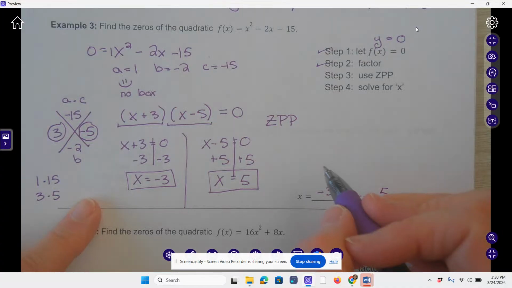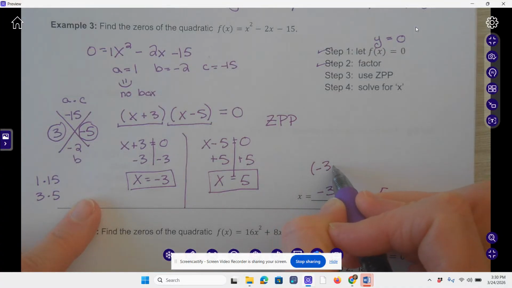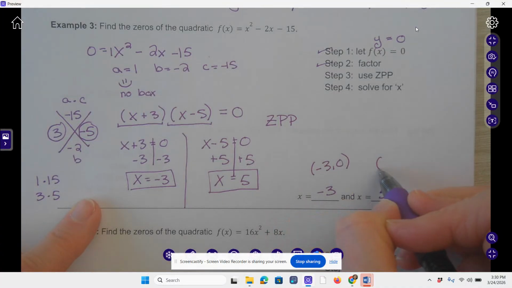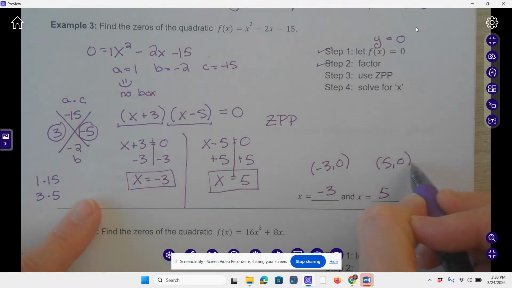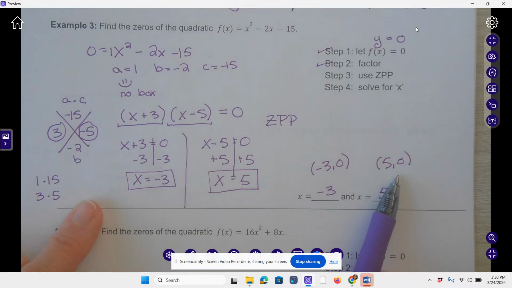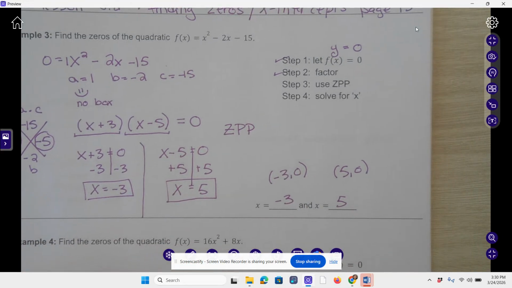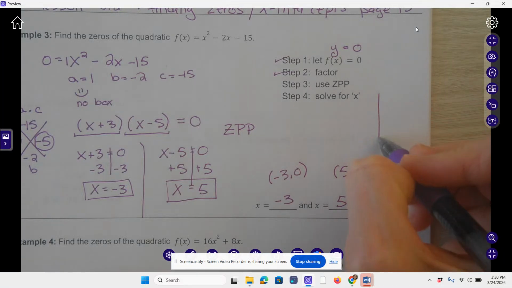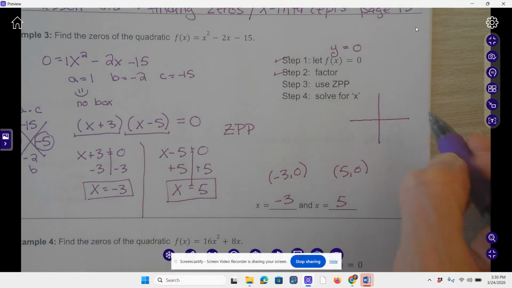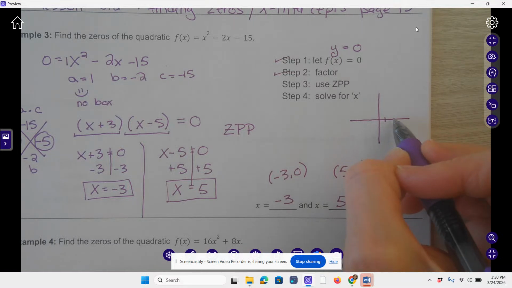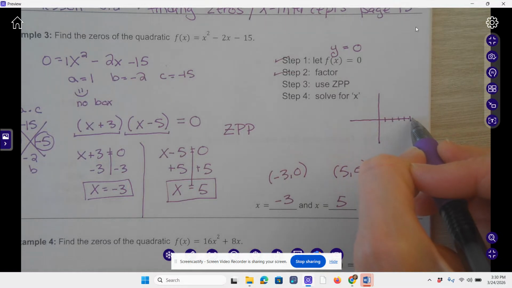I would also like you, for your notes, to write these two solutions as coordinate points, because those are where your parabola intersects or crosses the x-axis. If you have some room, I would also like you to just do a tiny little sketch. And we want to do 1, 2, 3, 4, 5.